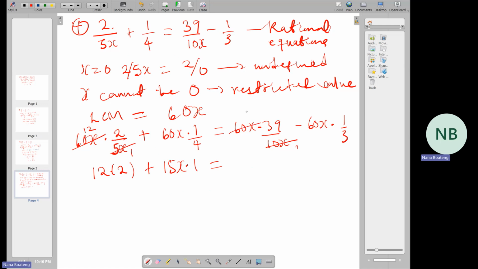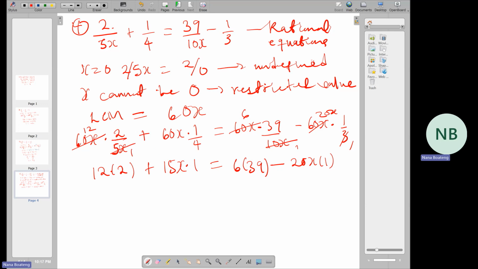It divides 60x 6 times. So this becomes 6 times 39, and minus 3 divides itself once, divides 60x 20x times. So minus 20x times 1.